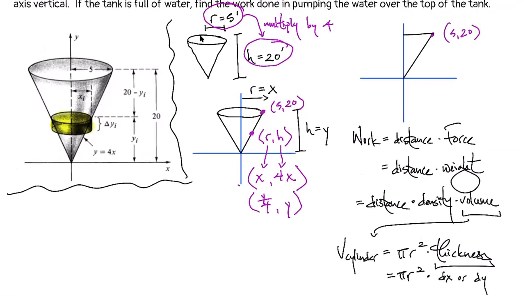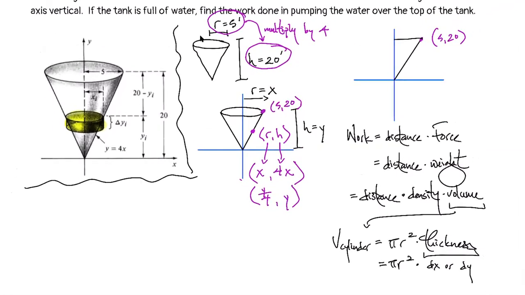Now, in this diagram, in all of our diagrams, if we slice these little cylinders, are we stacking the cylinders up the x-axis or the y-axis? Y-axis. Yeah, we're stacking this up the y-axis. So check this out. If I'm stacking up the y-axis, that means I need dy.